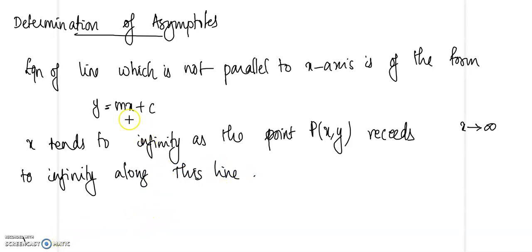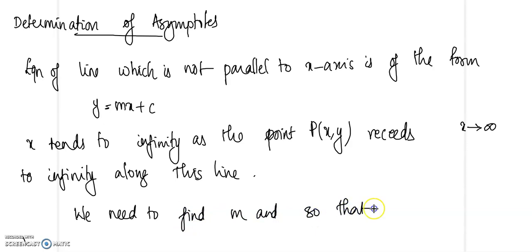Now our aim is to find out the values of m and c so that we can complete the equation of the asymptote. So we need to find m and c so that, let us call it equation 1, equation 1 is an asymptote to the given curve.